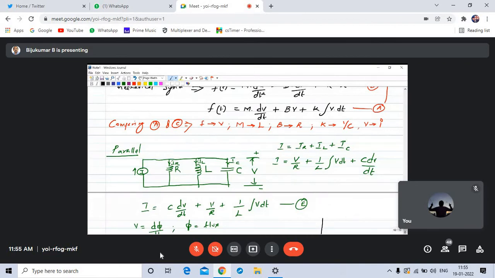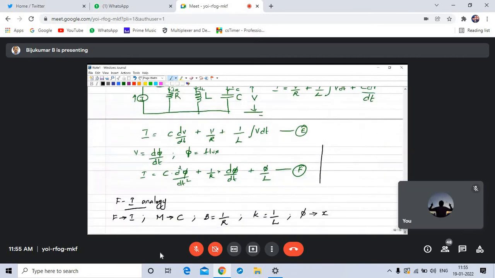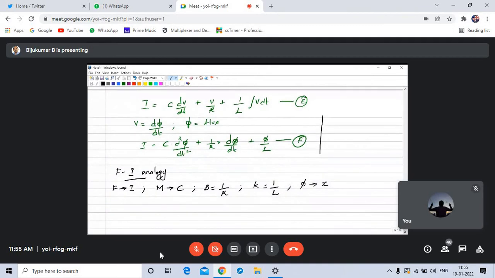There you can see that mass is analogous to L. But in the second one, mass is analogous to C. And also the spring constant is analogous to 1 by C. Here it is 1 by L. So from this we can understand that the mechanical elements mass and spring constant K are storage elements, right?